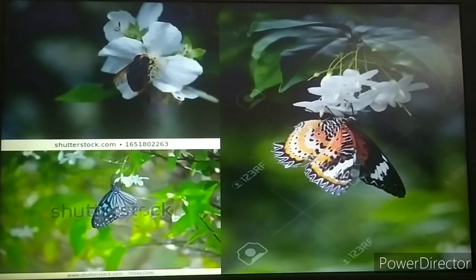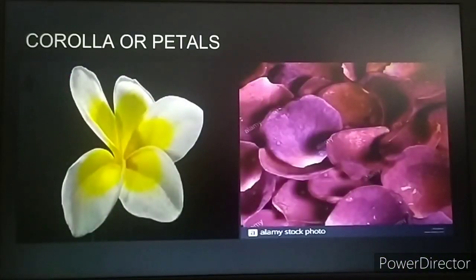Now, what is pollination? Pollination is the transfer of pollen grains of one flower to another flower. About it we will learn in the next session. Now let's move on with today's topic only. Corolla is the second whorl of a flower, which is formed of petals, and these petals are brightly colored.